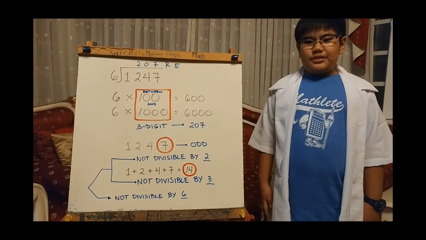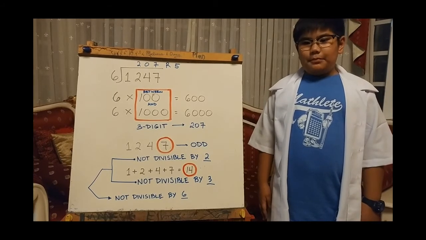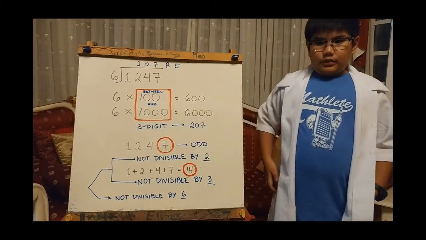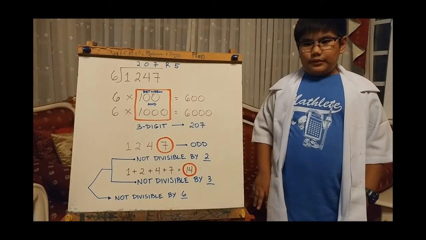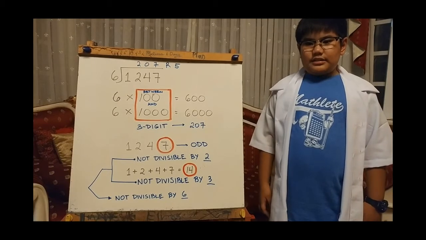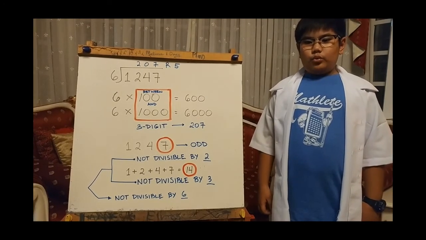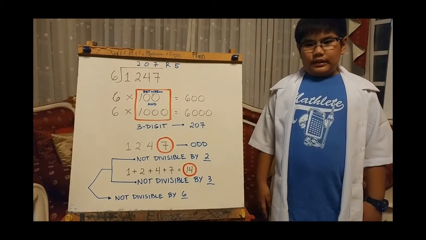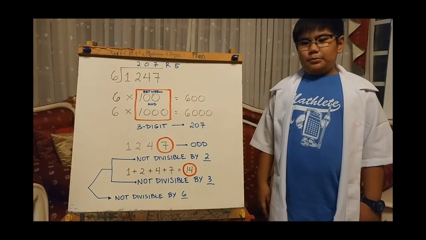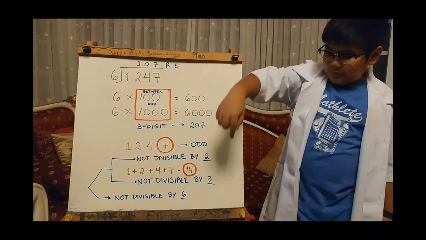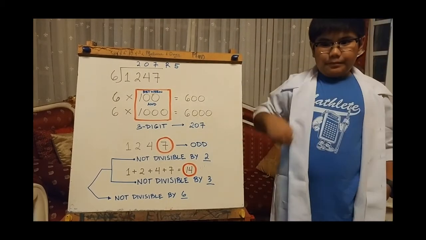To know if a number is divisible by 2, you simply look at the ones digit of that number. If that digit is an even number, such as 0, 2, 4, 6, and 8, then the given number is divisible by 2.